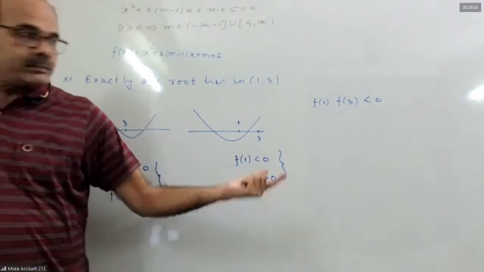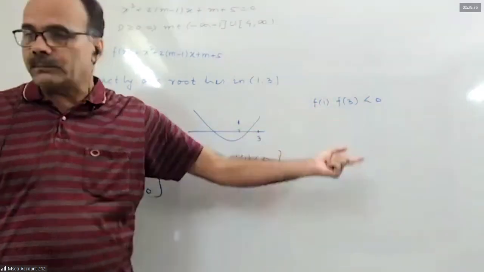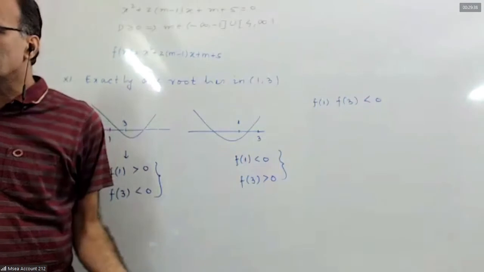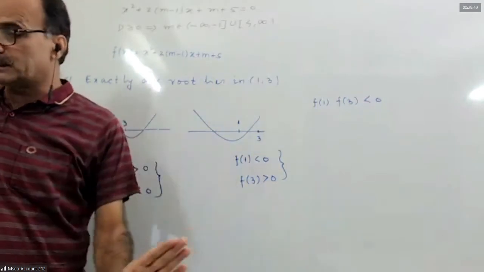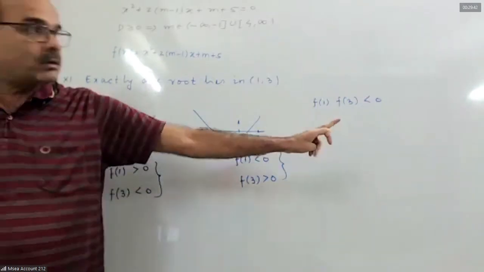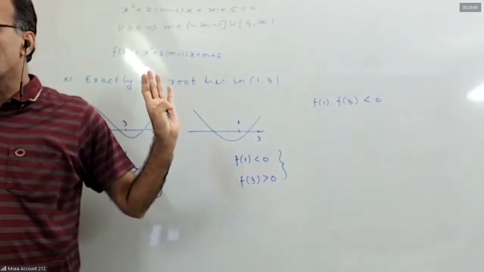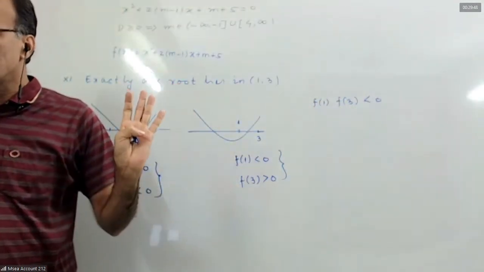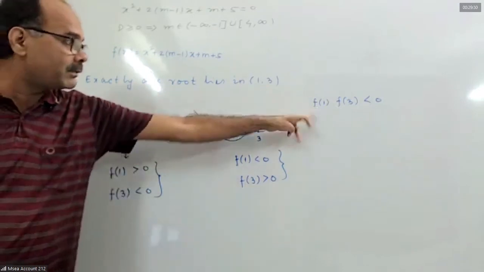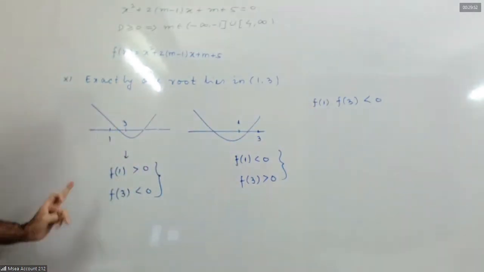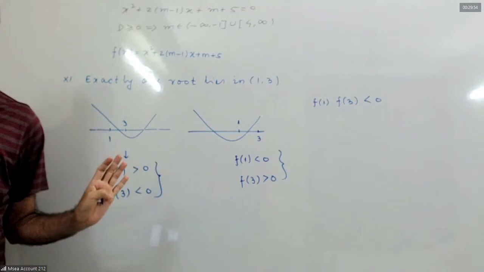Since one value is negative, the function will attain a real value. So there is no need to impose any other condition, because one value is negative, either this or this. So the roots will be real. It will cover both the cases. No need to solve separately.